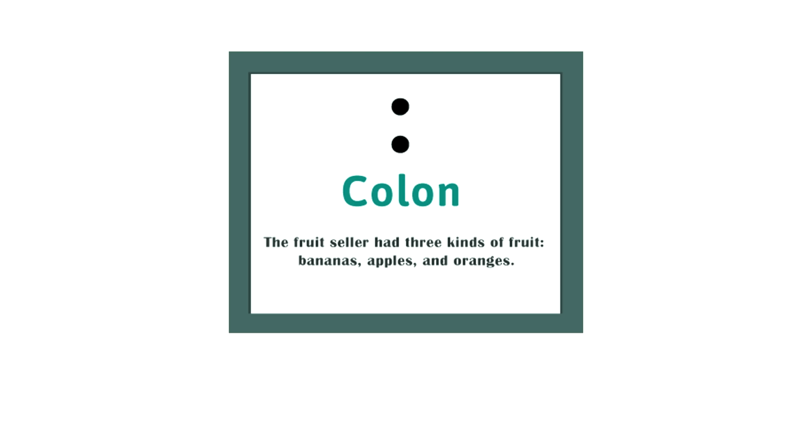A colon often precedes an explanation, a list, a quotation, or a block quotation. See the example: the fruit seller had three kinds of fruit: bananas, apples and oranges. Students, next we can see comma.